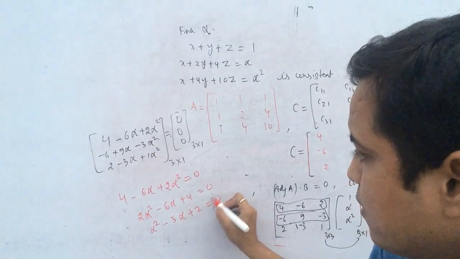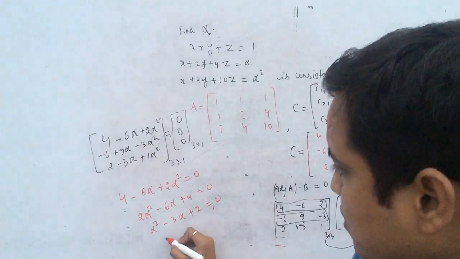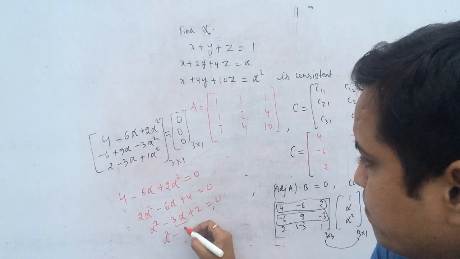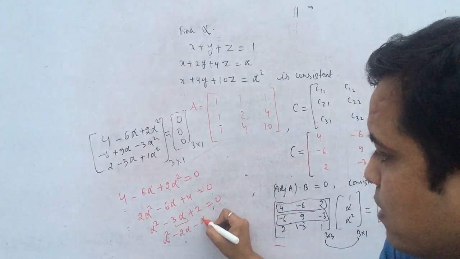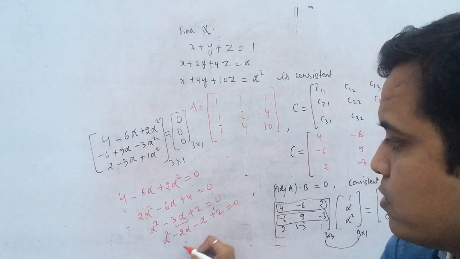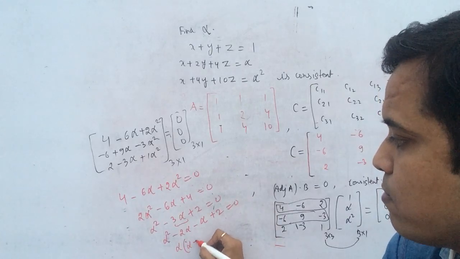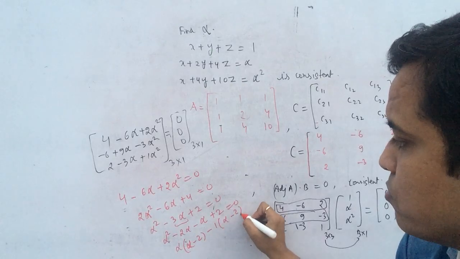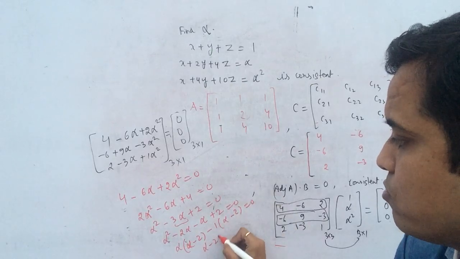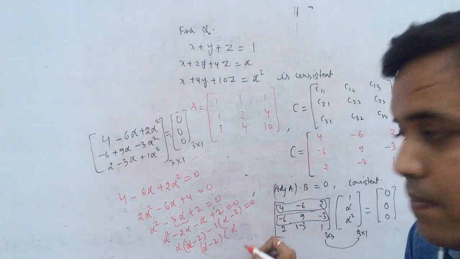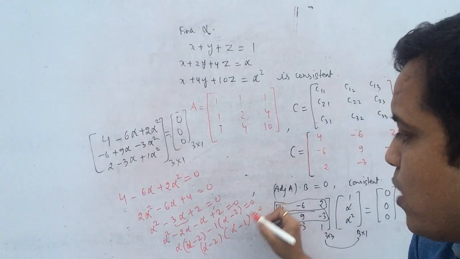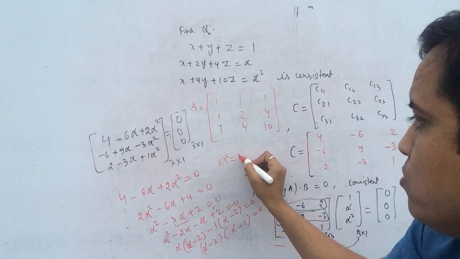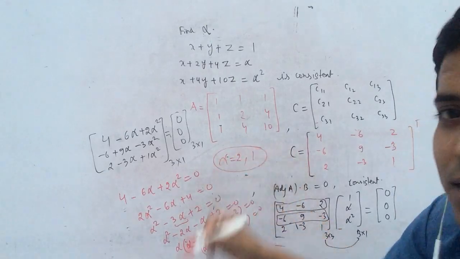To factorize this, you can use middle term splitting: alpha square minus 2 alpha minus alpha plus 2 equals 0. Take alpha common: alpha into alpha minus 2, minus 1 common, alpha minus 2. So we get alpha minus 2 and alpha minus 1. So alpha equals 2 and alpha equals 1 is the answer.